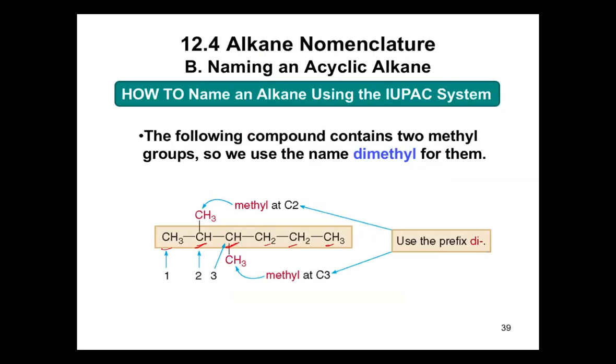And both of those substituents are methyl. So in that case, ilista nyo yung number muna, carbon 2, and then carbon 3, separate them with commas, and then ilan ba yung substituent na magkapareho or identical? You have 2, kaya di. Ano yung name ng substituent? Methyl. Okay, that's why this compound is 2,3-dimethylhexane.